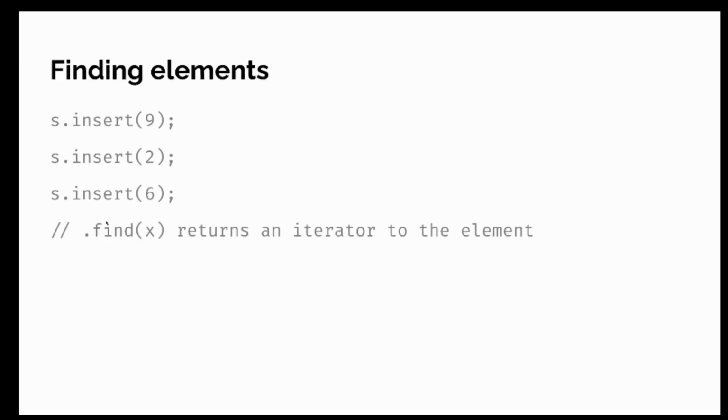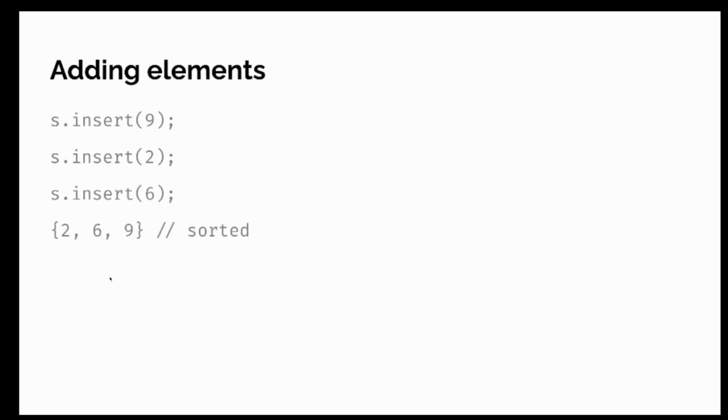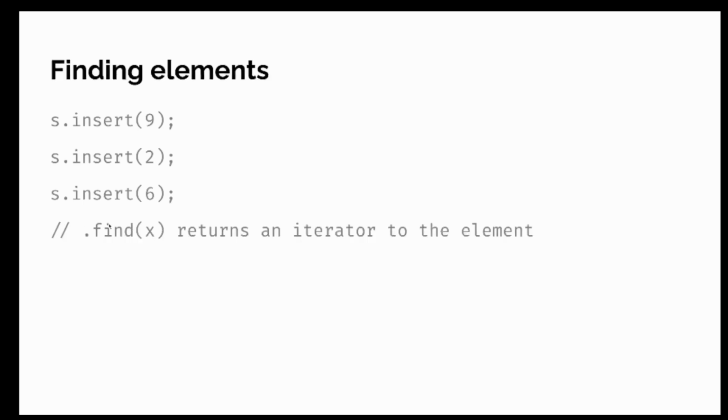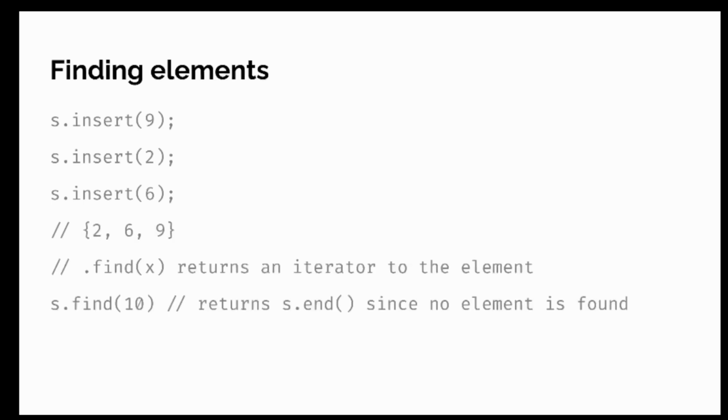Okay, dot find x returns an iterator to the element. So over here, if you did dot find 6 on the set S, it would return an iterator pointing towards 6, the location of 6 within the set S. The iterator, I think it is just a pointer value. Okay. So what if you do dot find on an element that is not within the set? Well, it'll just return s dot end because no element is found.